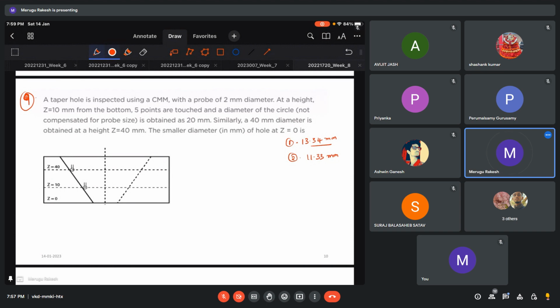Okay. So this question is completely related to geometry, by applying tan theta.